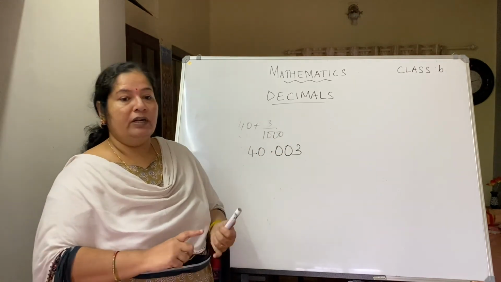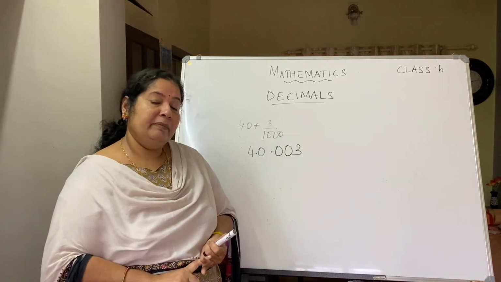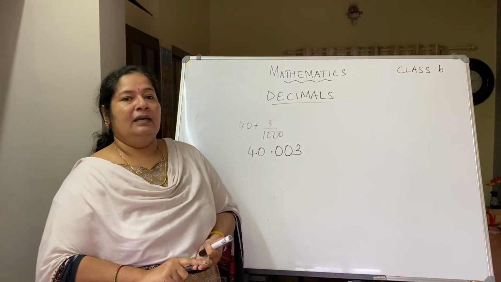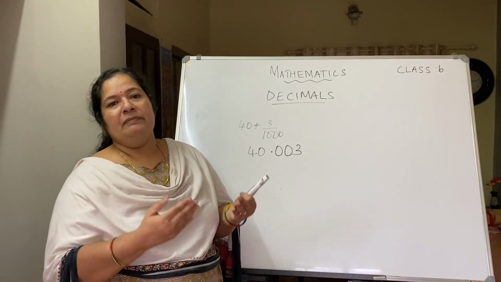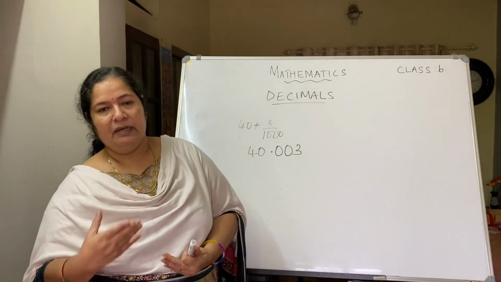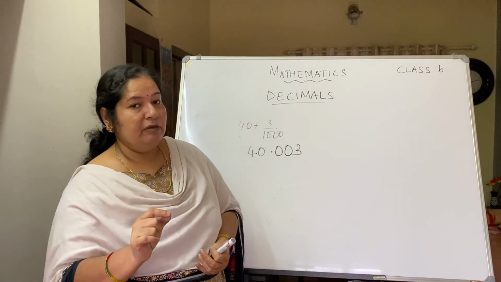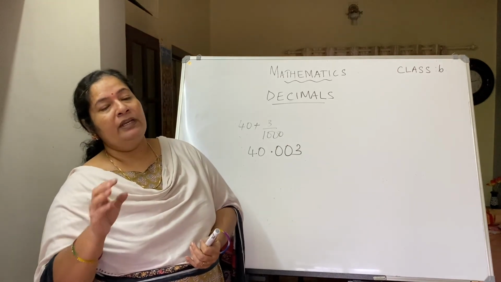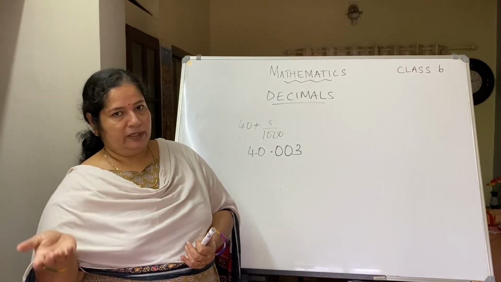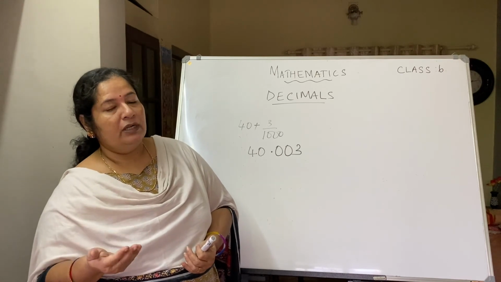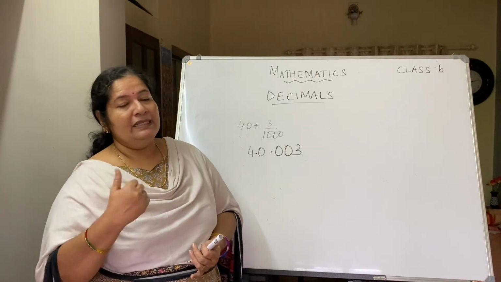So we have learned what a decimal is, how to represent a decimal, how to read a decimal, and what the two parts of a decimal are, that is a whole number part and a decimal part. You indicate a decimal using a decimal point, and after the decimal point, each digit should be read individually. Then we have also seen what the places are in the decimal part.